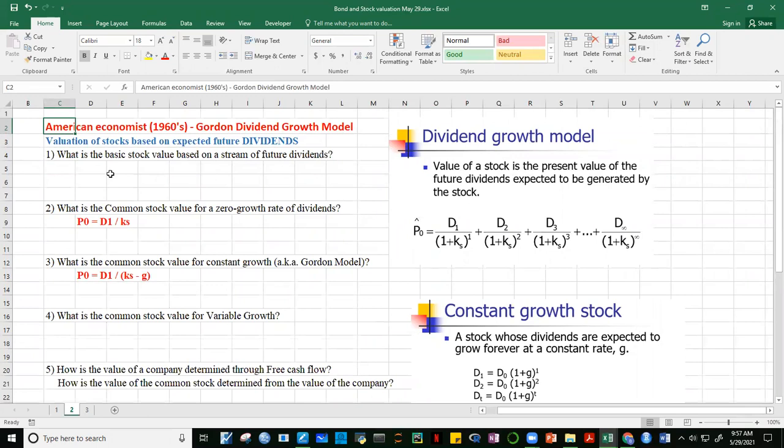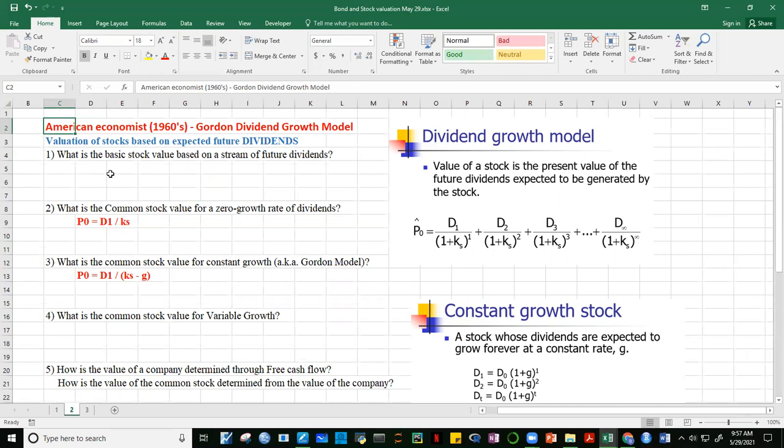Well, same thing, guys. The price of a stock will be determined by getting the present value of the expected future cash flow. For stocks, the expected cash flow are dividends. For bonds, it's actually your interest payment plus the principal.